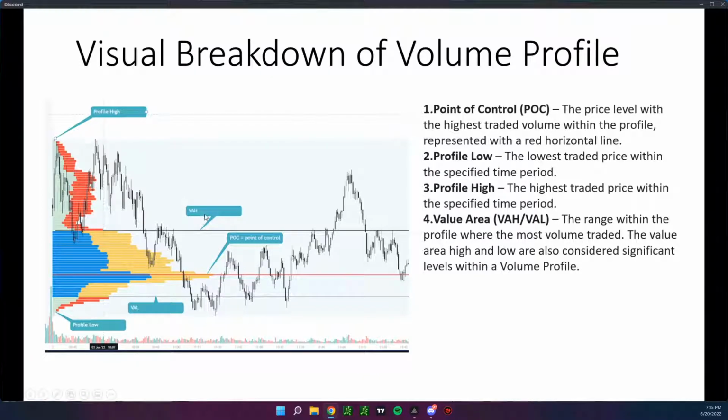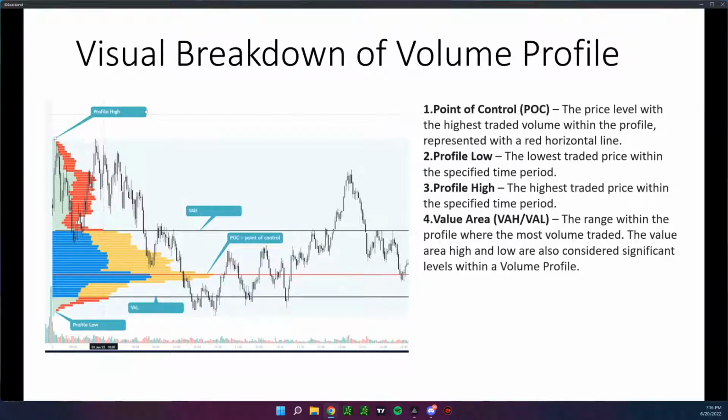Then you have the value area high and value area low. In between is called value area, which is your one standard deviation. 68% of the volume happened here. That means when the price is on the bottom of value area low, who's buying here? If there's a reaction here, who's buying at the value area low? What's the name of the people that buy?